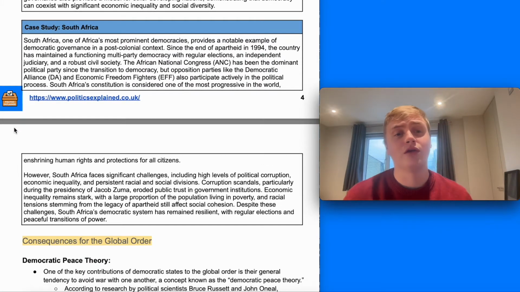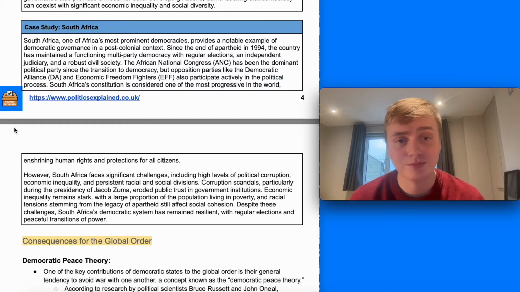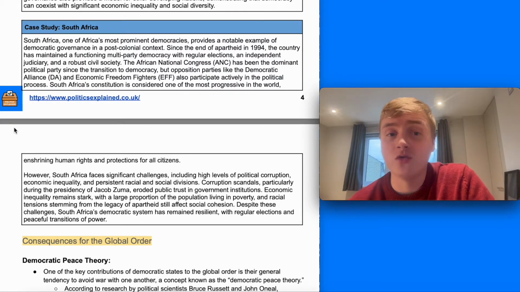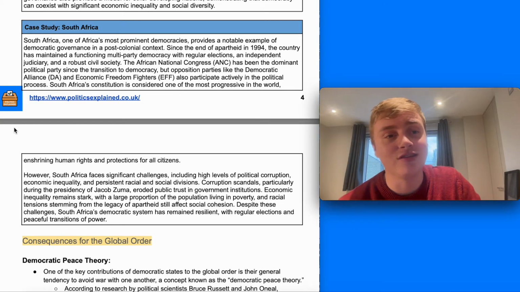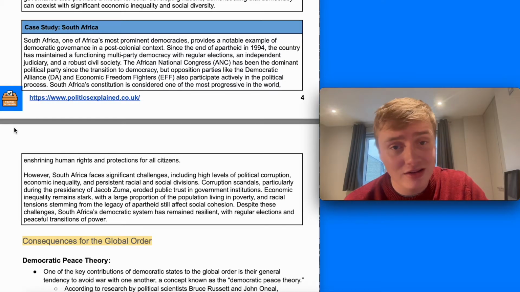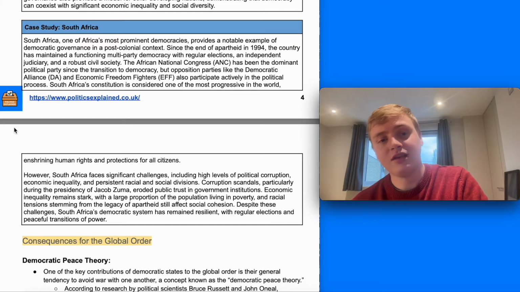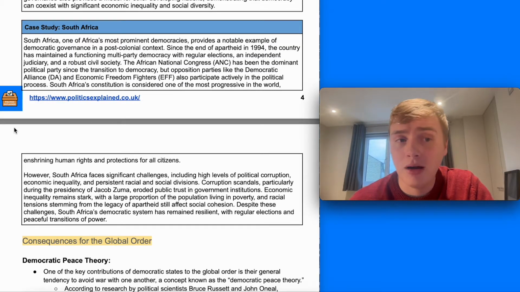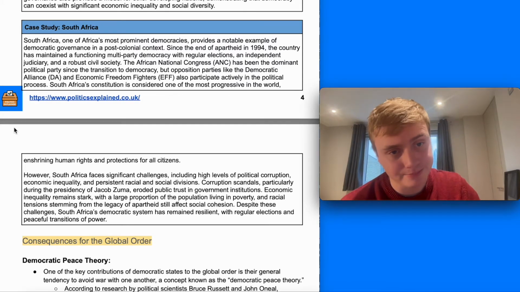So South Africa is one of Africa's most prominent democracies and provides a key example of democratic governance in a post-colonial context. Since the end of apartheid in 1994, the country's maintained a functioning multi-party democracy with regular elections, an independent judiciary, and a robust civil society. The African National Congress party has been dominant since the transition to democracy, but opposition parties also participate and are able to do so freely.